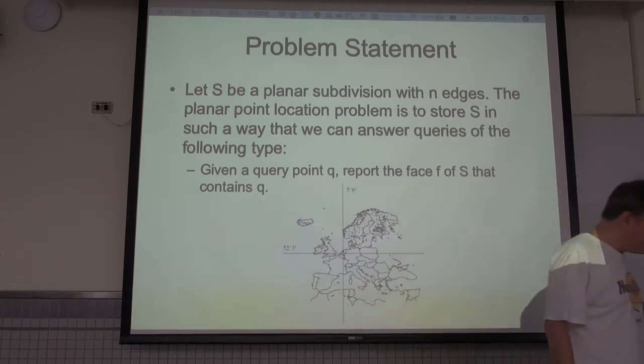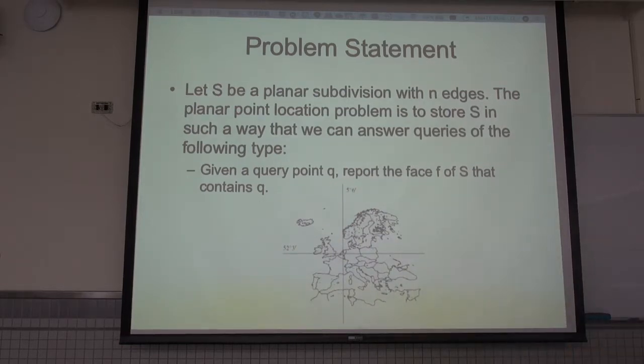And for the subdivision, the data structure that stores a subdivision is called the doubly connected edge list, that we have talked about in chapter 2.